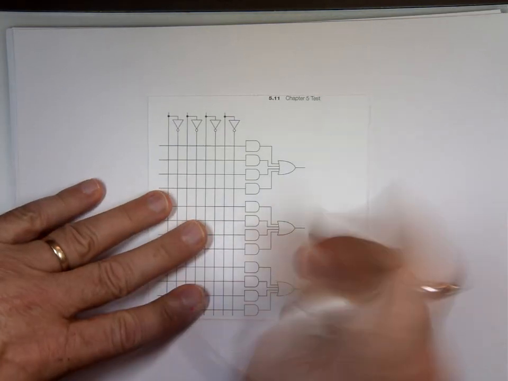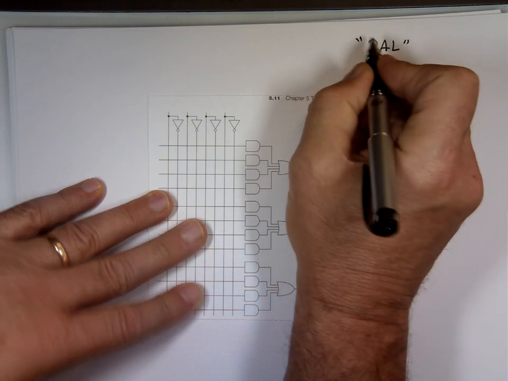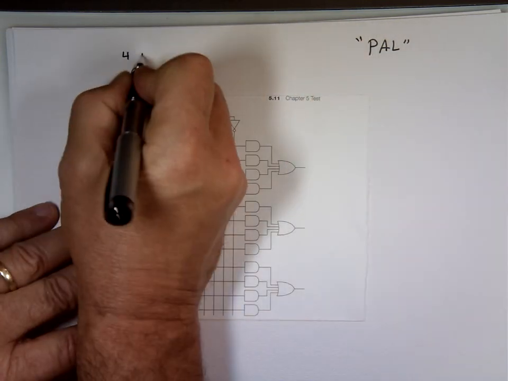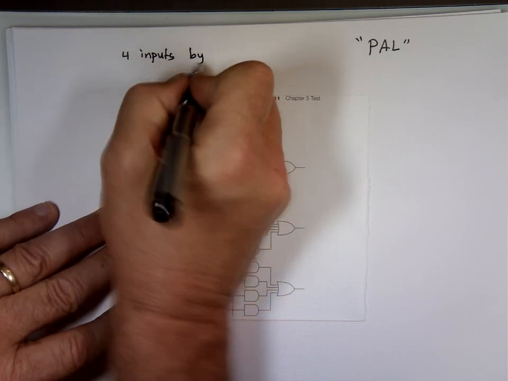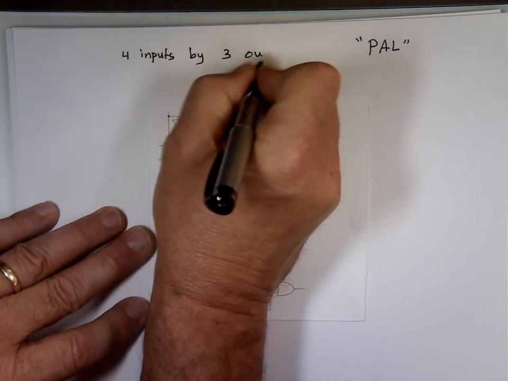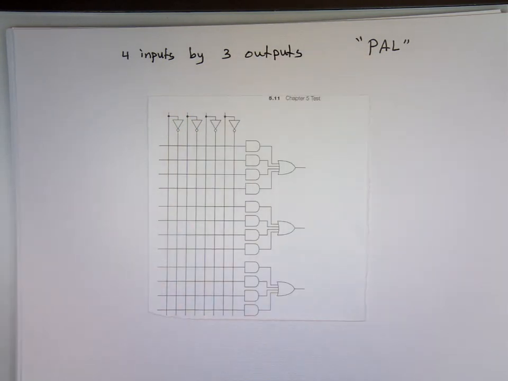So this is my PAL, 4 inputs by 3 outputs. They come in different sizes.